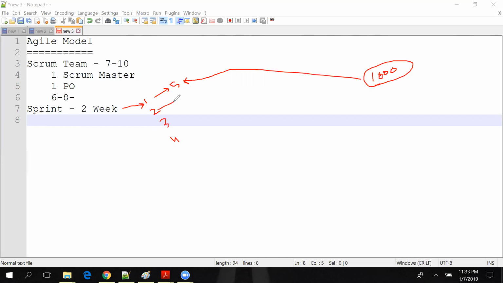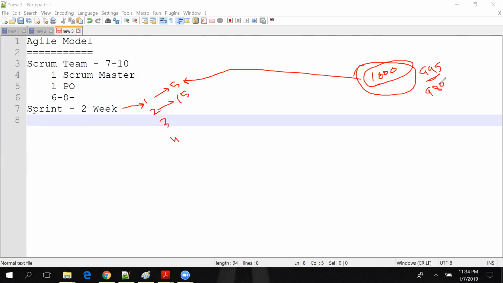Once that is done, in the next sprint all the team members will sit and decide how many they can do out of the remaining 995. Maybe they see these requirements are quite easy, so they decide we can do 15 within the next 2 weeks. Then the remaining will be 980.